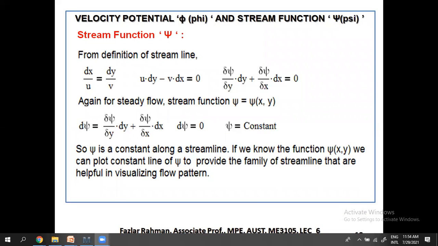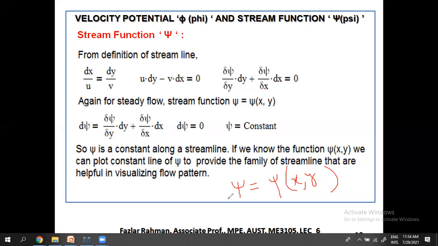Okay. Now we would like to check what the stream function is and how it looks. A stream function is for two-dimensional flow, so psi equals psi of x, y.